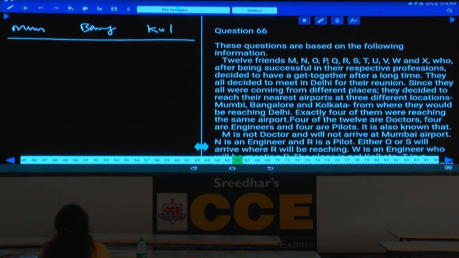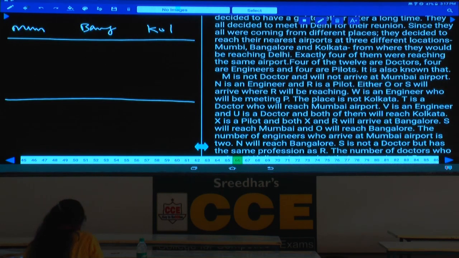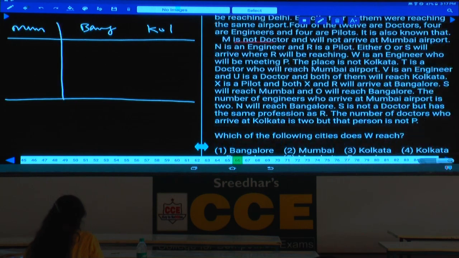In total we have 4 persons at each, and among these 12 there are 4 doctors, 4 pilots and 4 engineers. Now the first information: M is not a doctor and will not arrive at Mumbai airport.